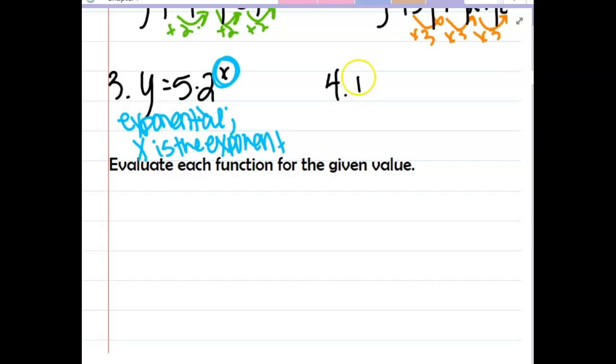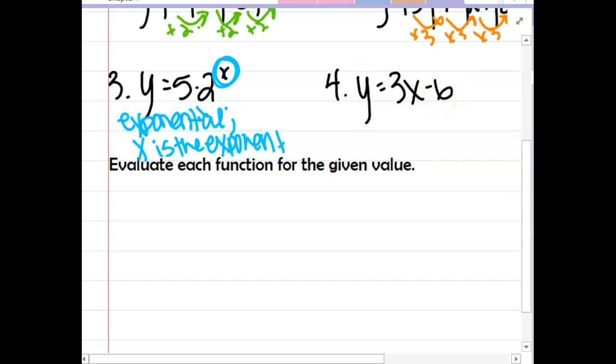Okay, number 4, we have y equals 3x minus 6. So once again, to decide what type of function it is, you need to find your x. Now in this case, it's 3x minus 6. And this looks like something that we would have graphed back in chapter 5 because I have a slope, I have a y-intercept.